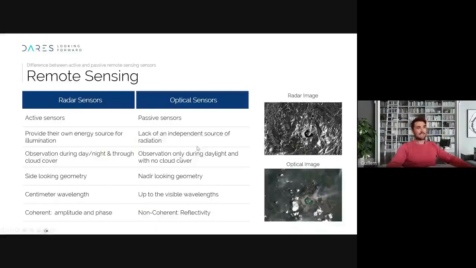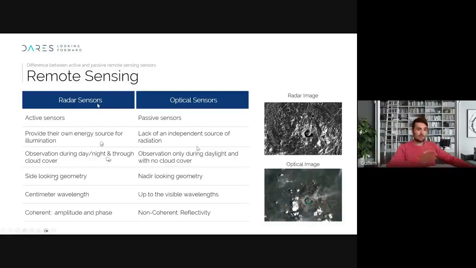One example of active sensors are radar sensors. They produce their own energy, so they can get data during day and night, and due to the wavelength they are working at, they can also get data even if we have clouds. Radar sensors work with distances, so they have what we call side-looking geometry.